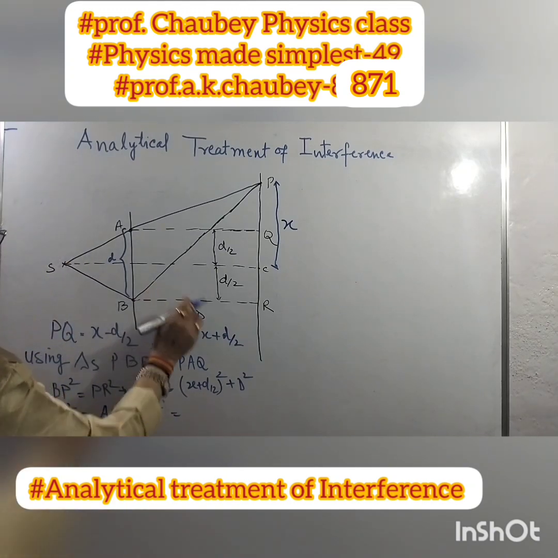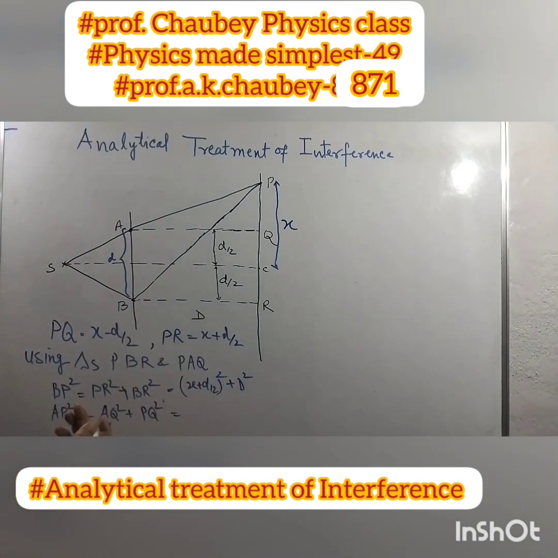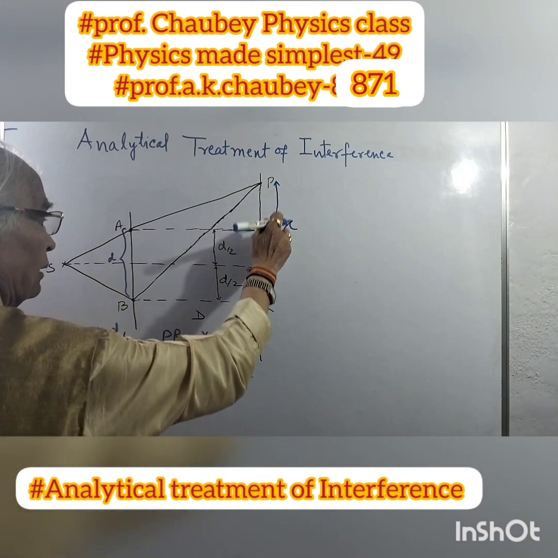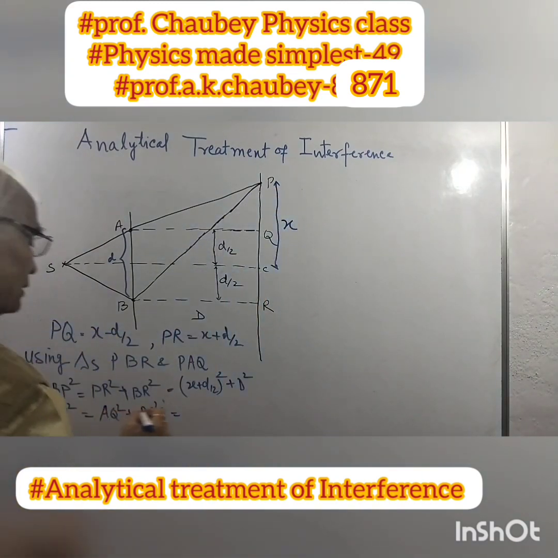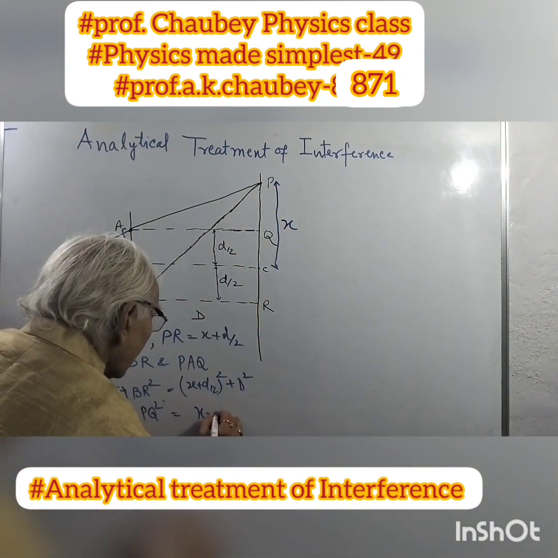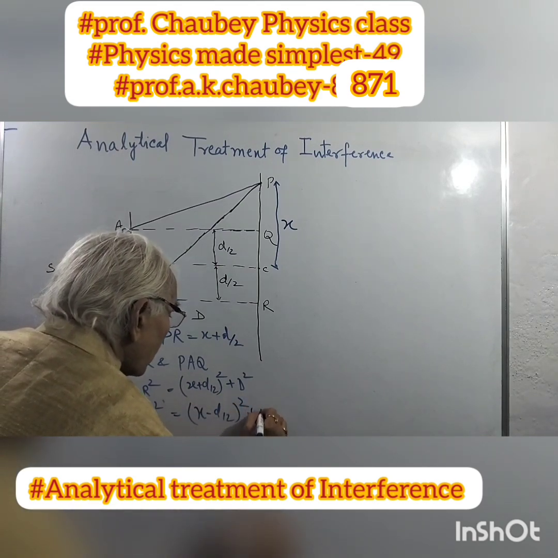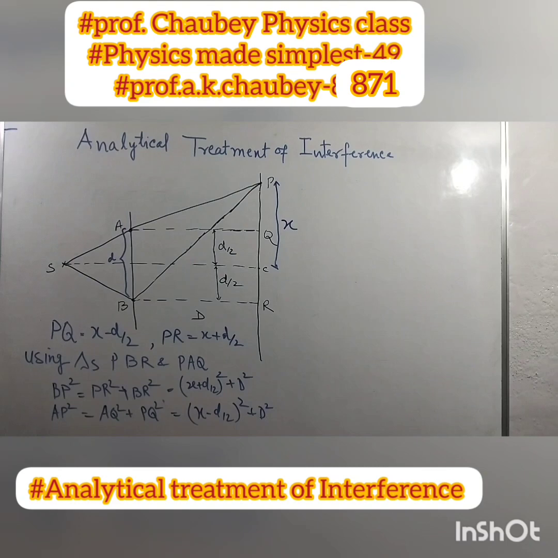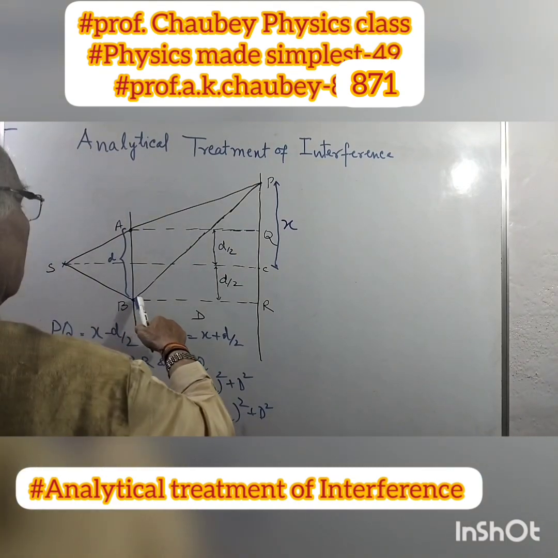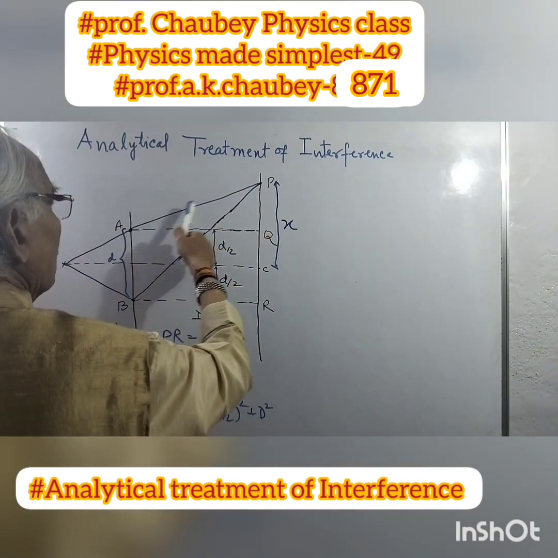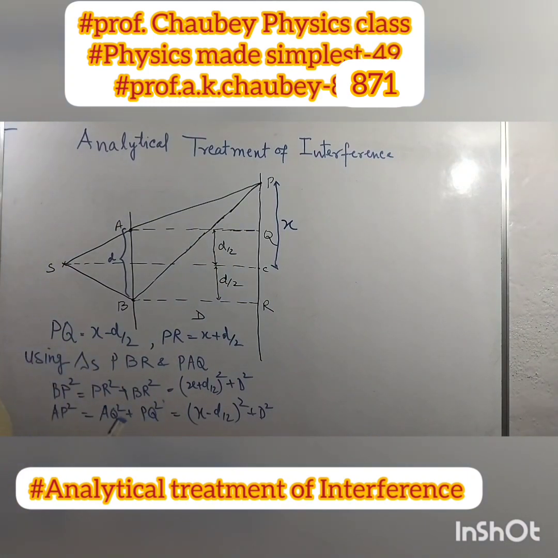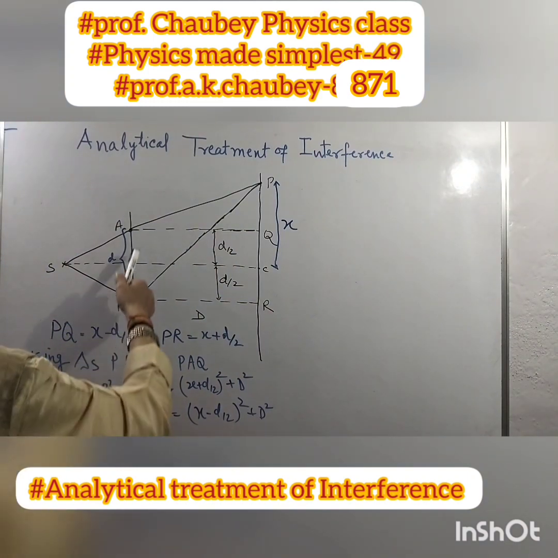And this AQ is same as BR, which is D, and PQ I have written here, x minus d by 2. So (x minus d by 2) square plus D square. So I can find this distance from this.